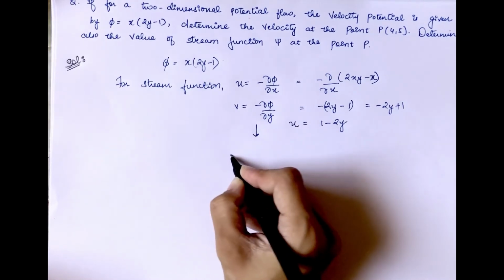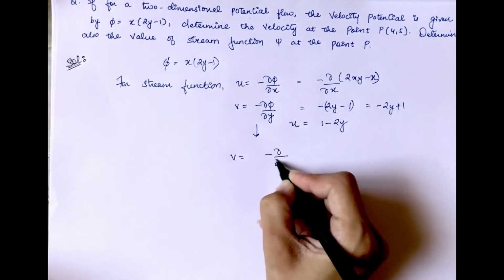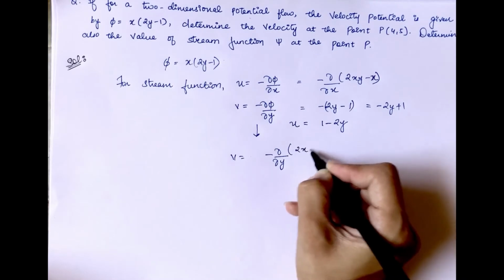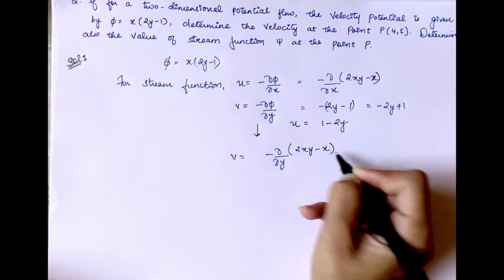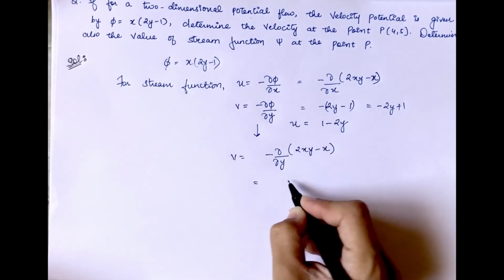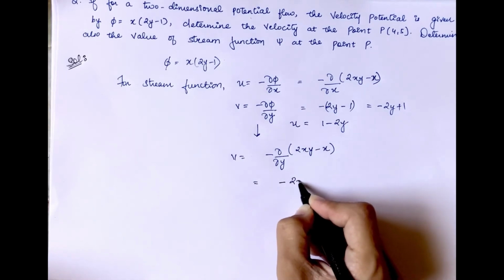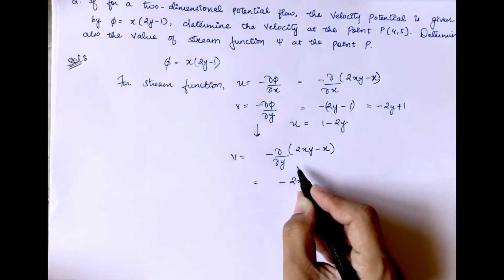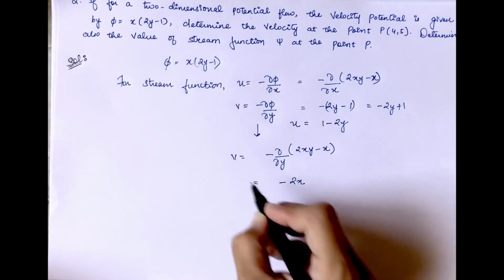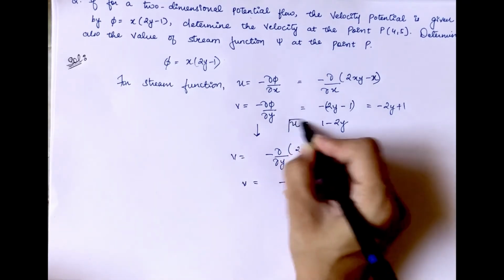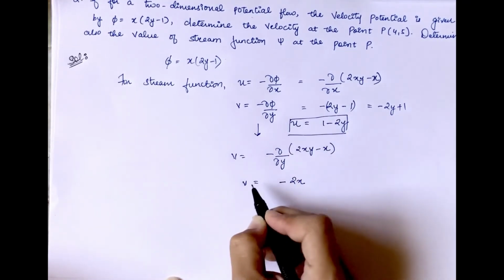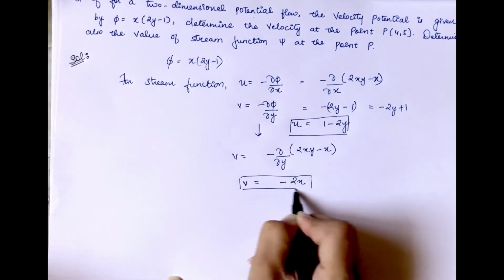Similarly for v, we have minus del by del y of 2xy minus x. With respect to y it will be minus 2x. So the value of u is 1 minus 2y and the value of v is equal to minus 2x.